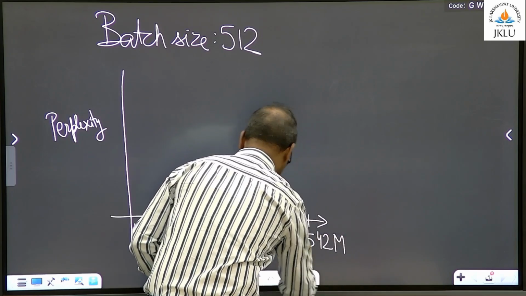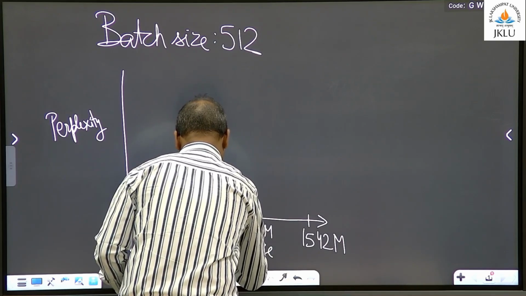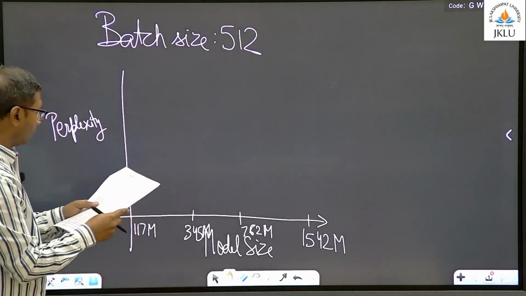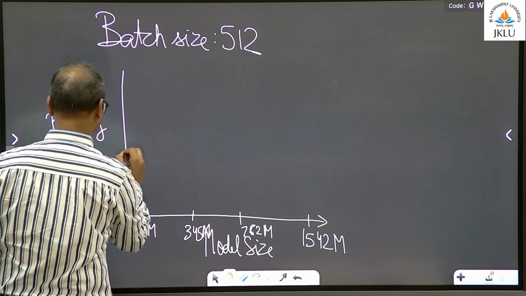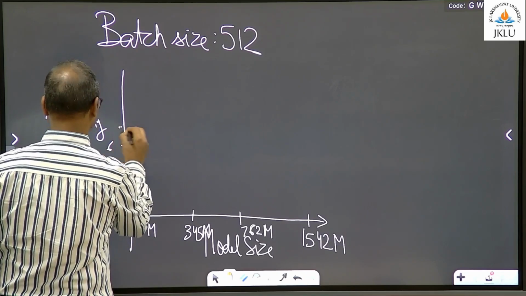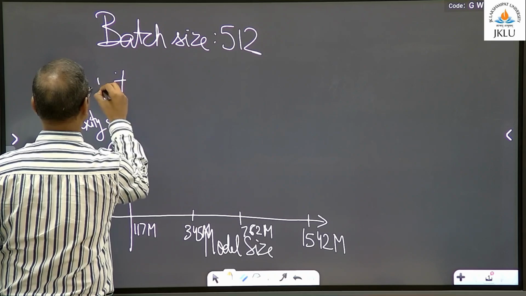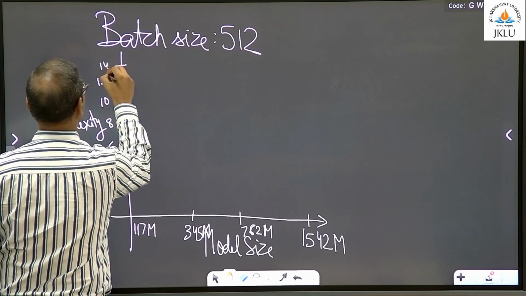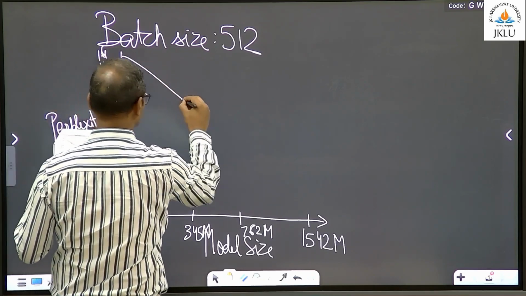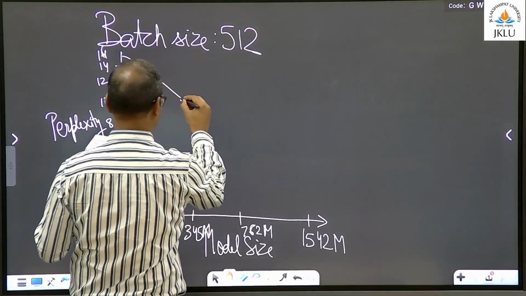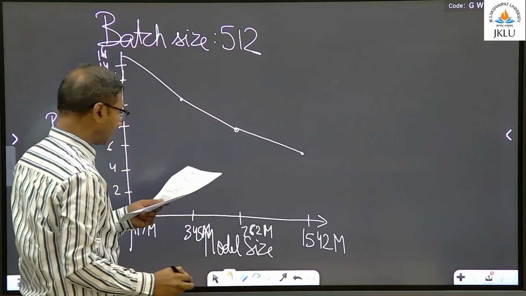So I will just write. Okay, and this is like 2, 4, 6, 8, 10, 12, 14, 16. So they show that something like this happens.